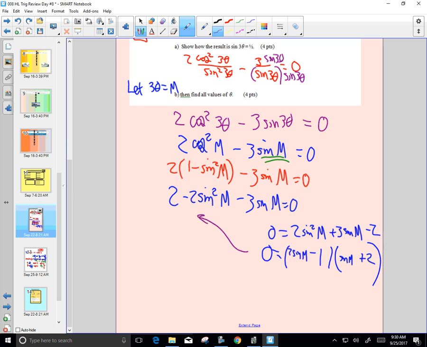So then now we're going to have two cases. You either have 2 sine m minus 1 equals 0, or sine m plus 2 equals 0. And why do I like sine m equal to negative 2? Why do I like that?